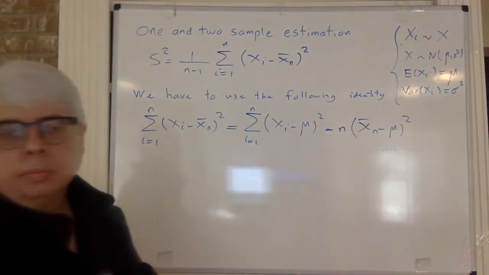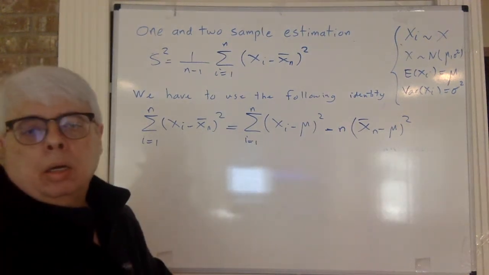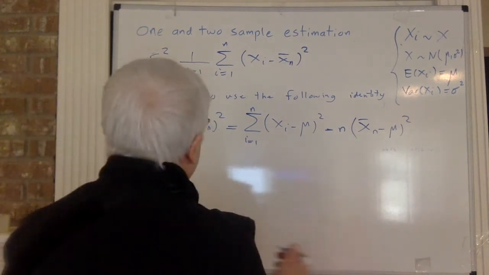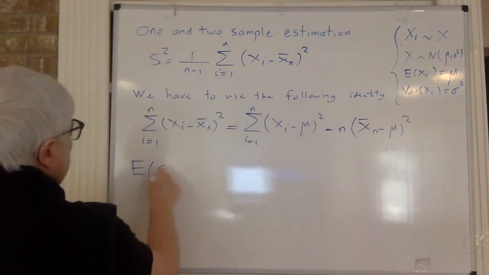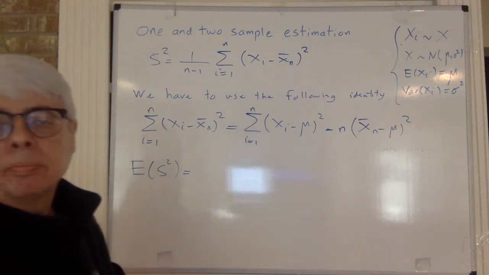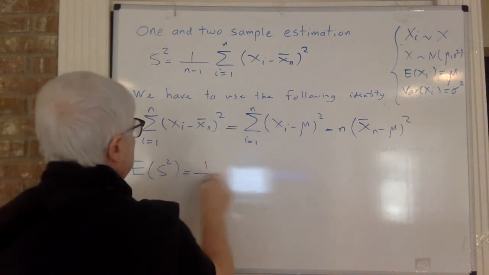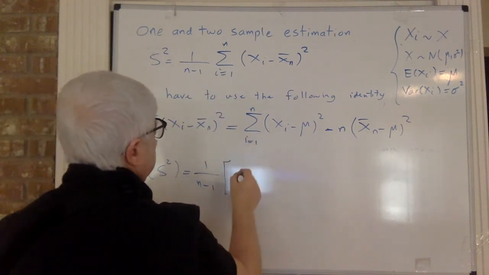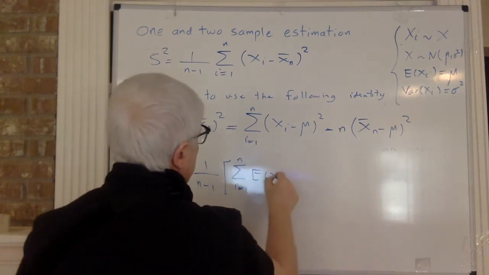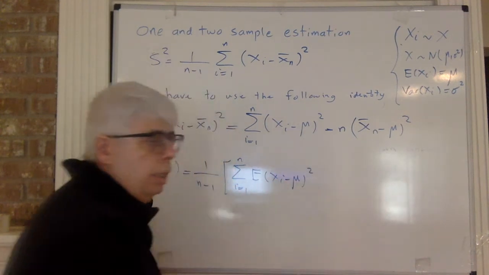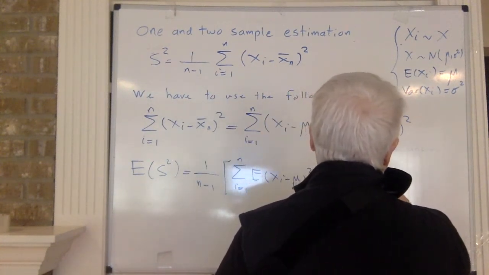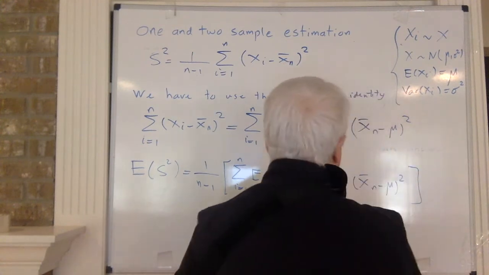Okay, so E of S squared will be E of, well, I have 1 over n minus 1, so 1 over n minus 1 comes out, and I have sigma, i from 1 to n, E of this thing xi minus mu squared, and minus n E of x bar n minus mu squared. Okay?